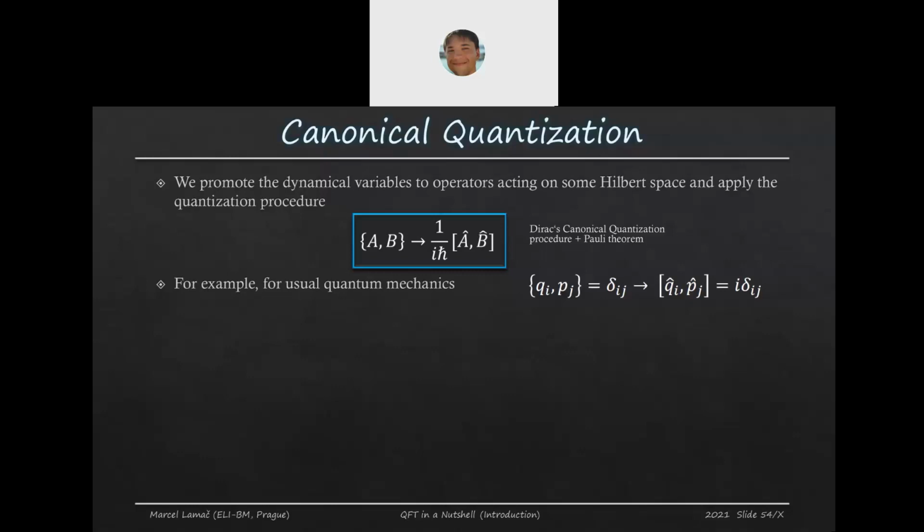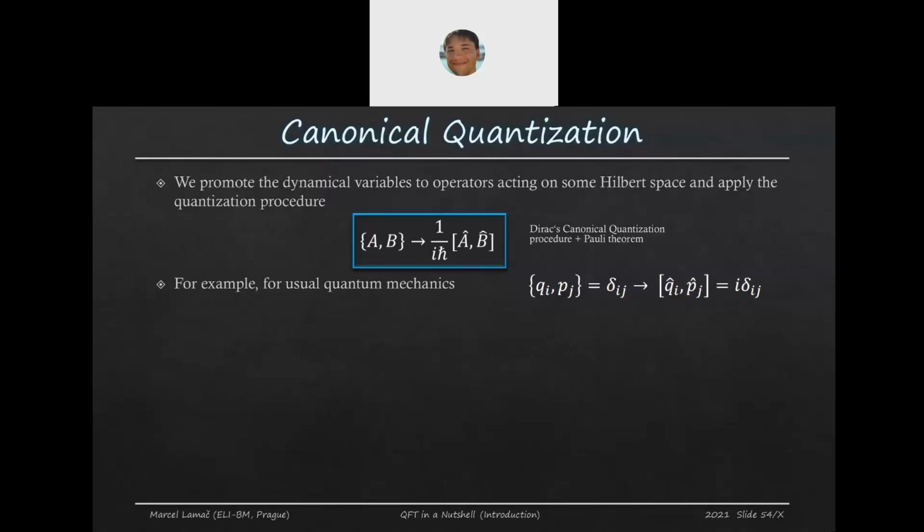They are equal to, for example, the Kronecker delta. And the canonical quantization procedure is simply promoting these quantities to operators and changing the Poisson brackets for their quantum version, the commutators.